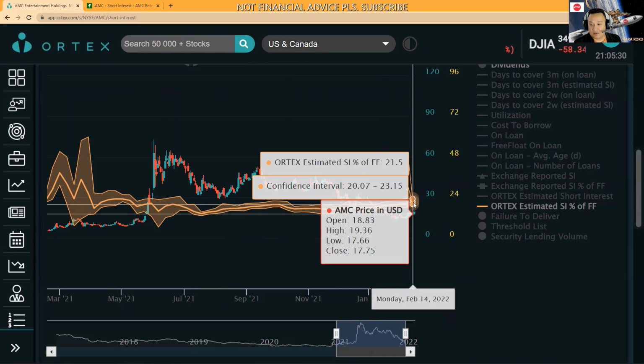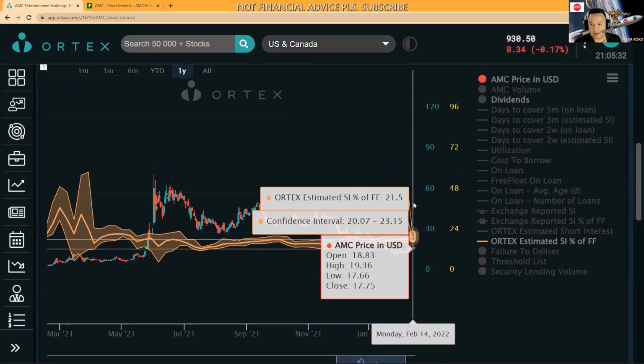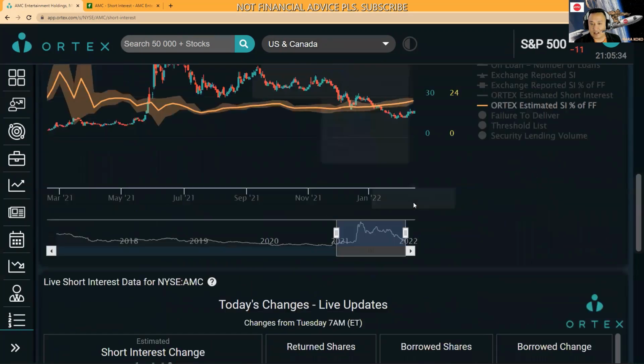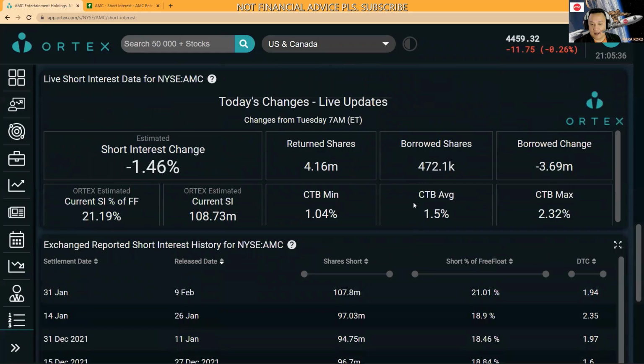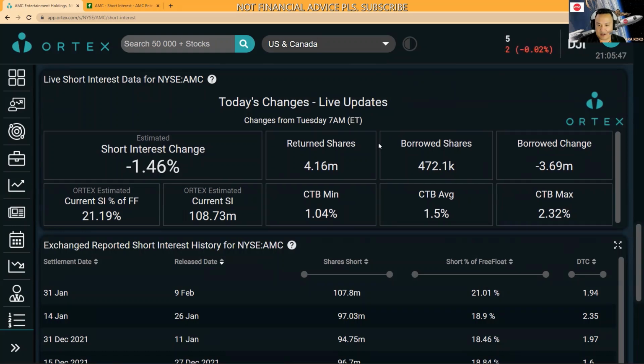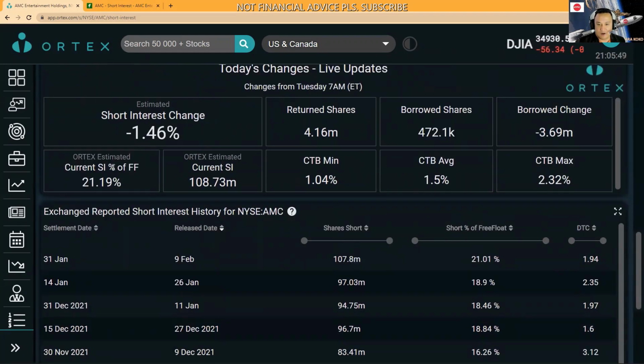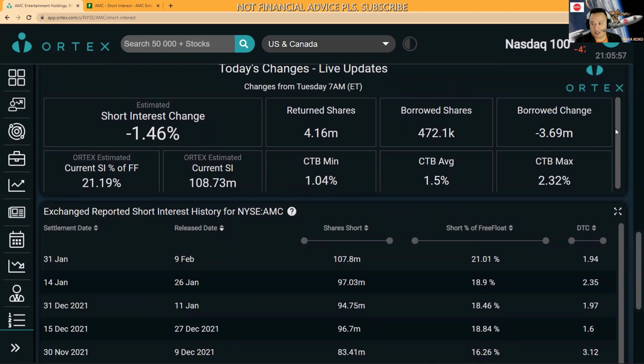It is about 23%. So this changes right here from Tuesday, right? So they say a lot of people are not understanding this area here, the returned shares and borrowed shares, the change, and the cost to borrow.